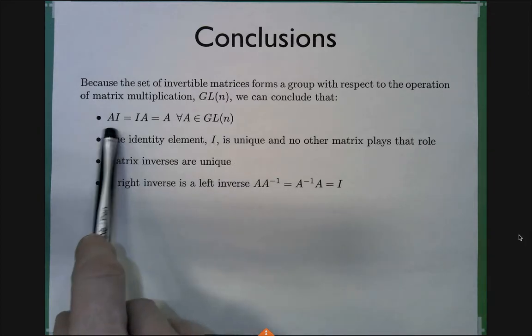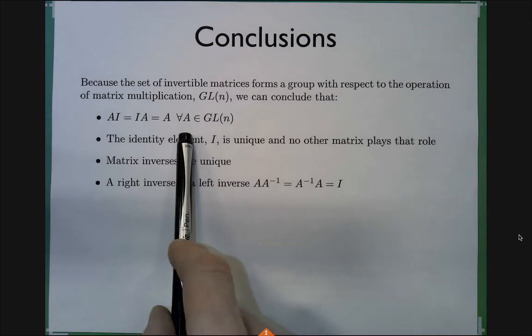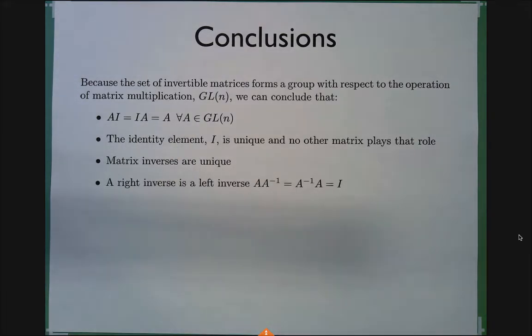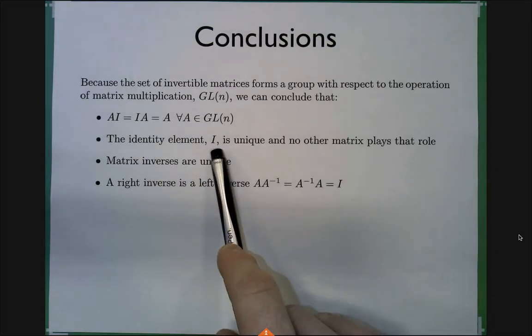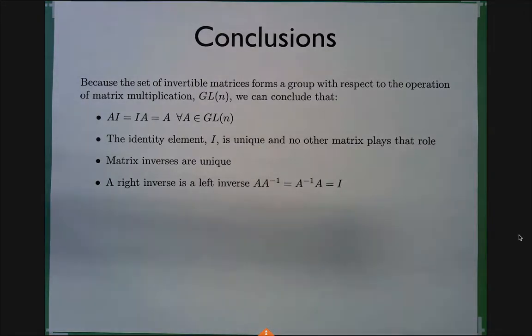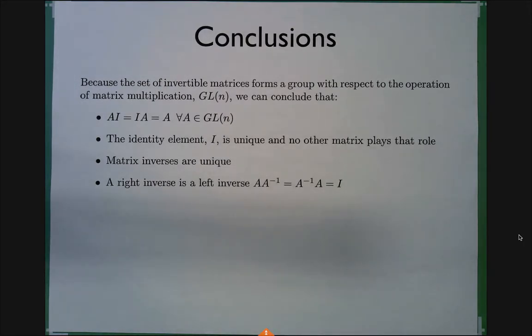A times identity is identity times A, that follows directly from the group properties. It would be easy to just see it directly, but the cool thing is it follows directly from the group properties. What also follows is that the identity is unique. So there is no other matrix which multiplying another matrix would give me that matrix back. The identity is unique. Again, follows from the group structure.